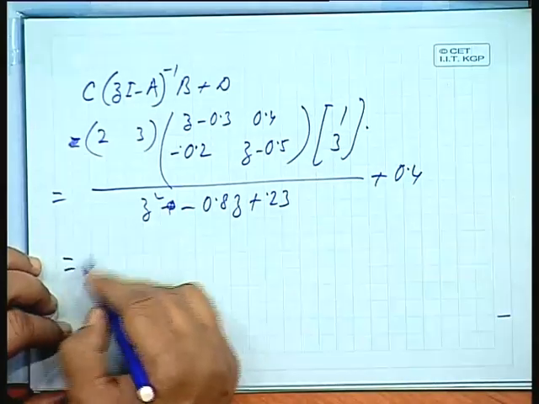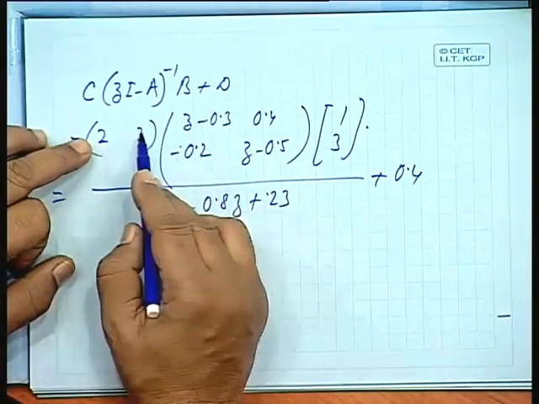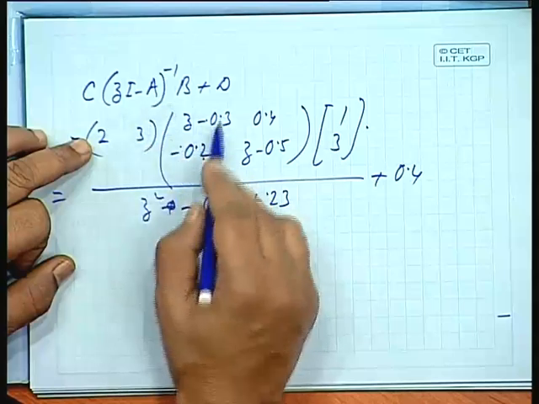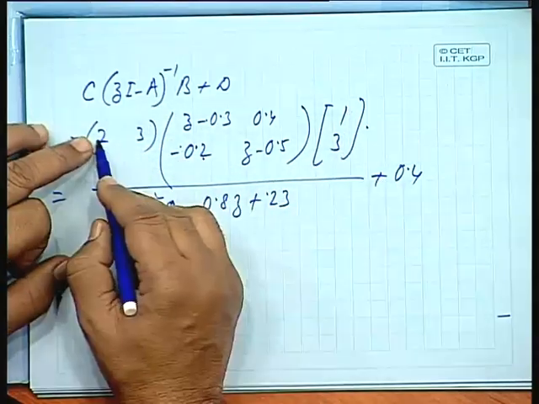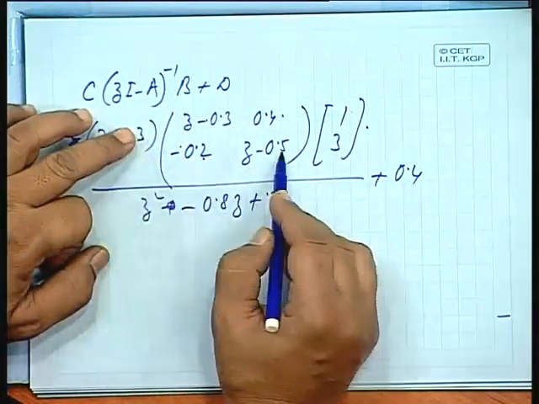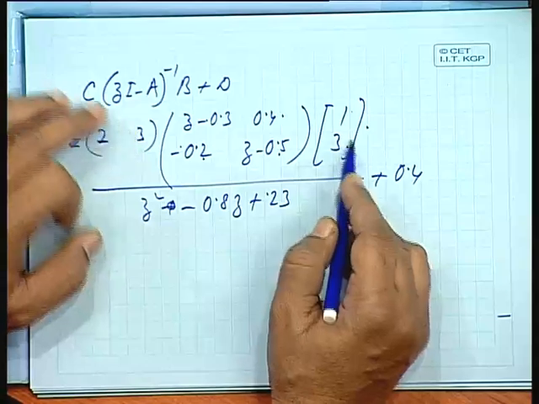If you simplify, 2 into this plus 3 into this, whole thing into 1, plus 2 into this plus 3 into this, whole thing into 3, that will be the numerator.